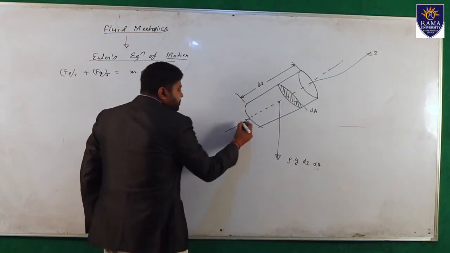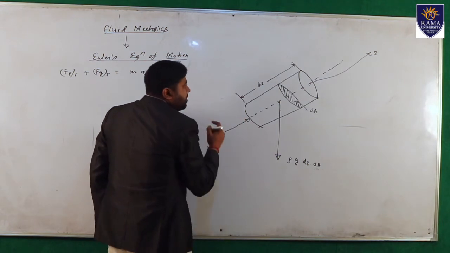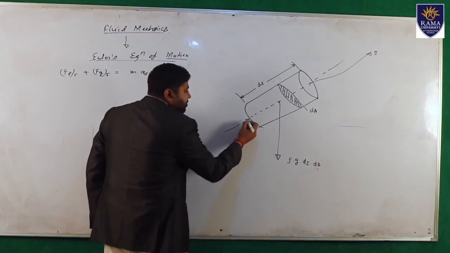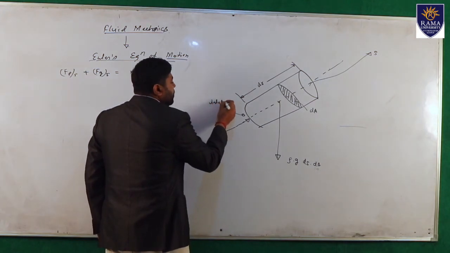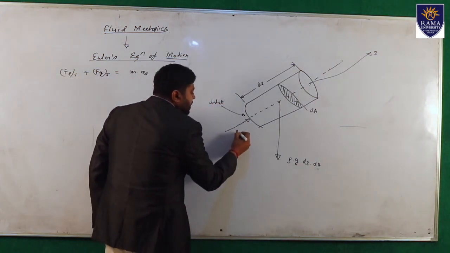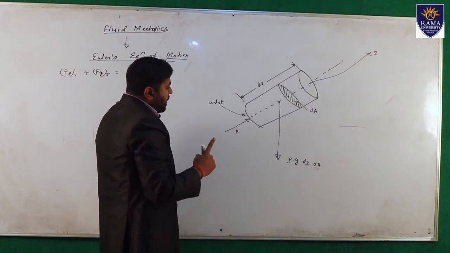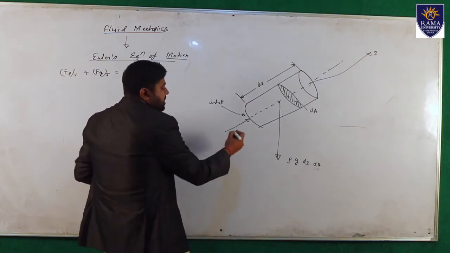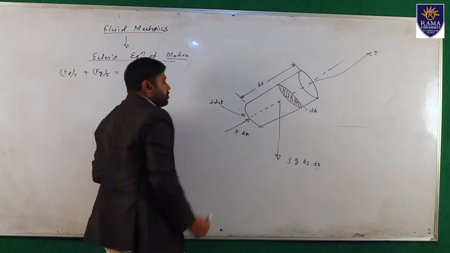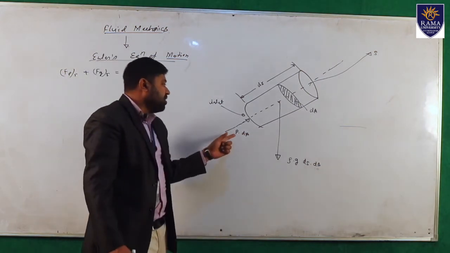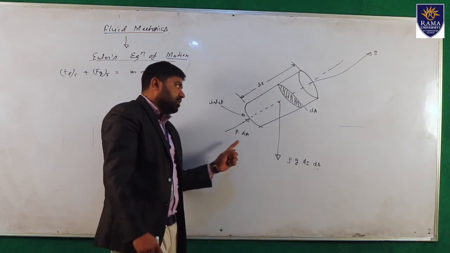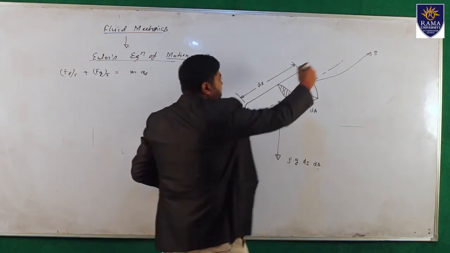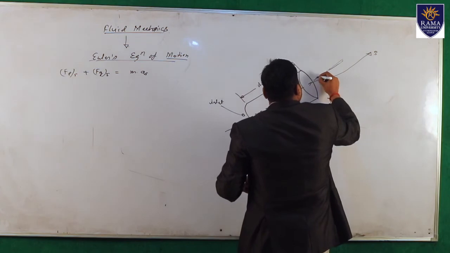Now, what will be the pressure force acting at the inlet? The pressure is P, and multiplying by the cross sectional area gives a force, because force equals P into area. What will be the force acting on the other side?